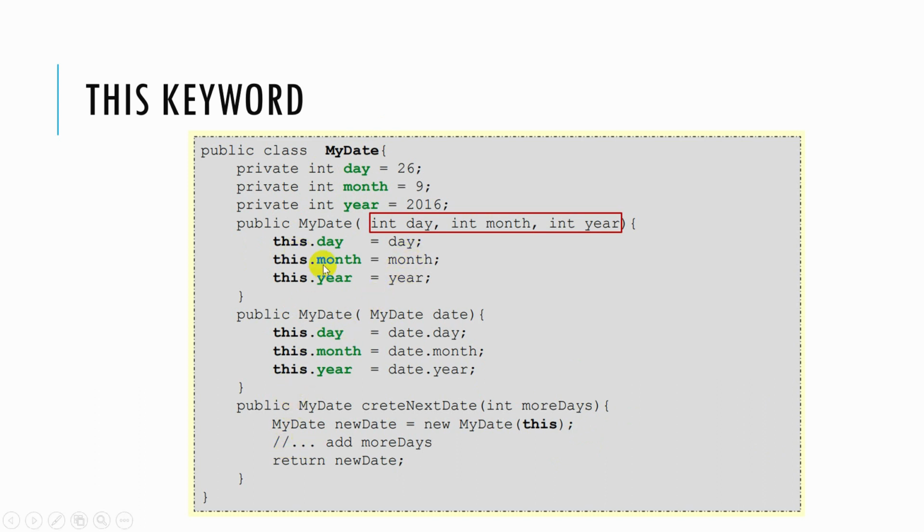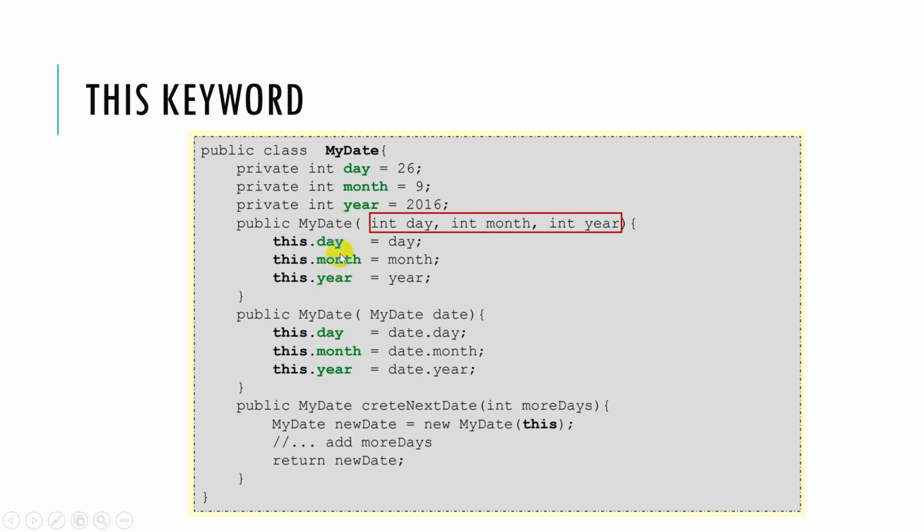The first two here are called constructors. They have the same name as the class, while the last one here is a function, not a constructor, because the name is createNextDay. MyDate here is just a return type, right? Don't be confused. I suppose you may be a little bit confused. There look to be three constructors, but there are only two, okay? The last one is a function.